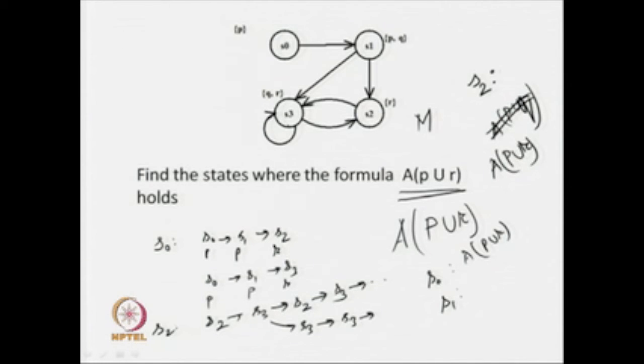If you look into it, P is nowhere true in all these paths. So what will be the truth value of A[P until R] in states S2 and S3? I will explain it after explaining some more things to you. I am not saying whether it is true or false at this moment. I will come back to it.